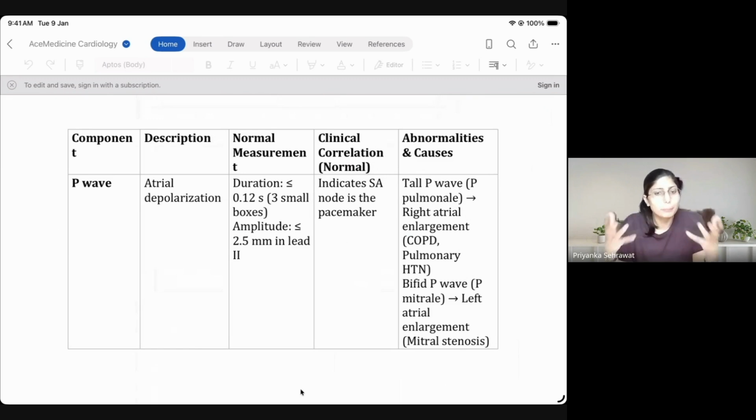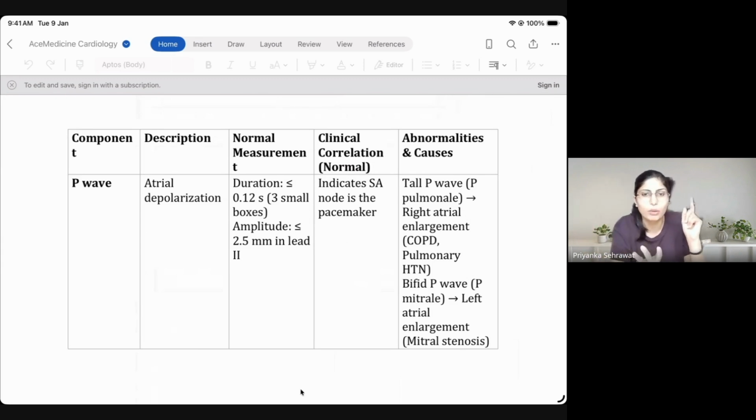What is normal P wave? P wave depicts our atrial depolarization, right? Normal measurements, duration less than or equal to 0.12 second, 3 small boxes. We know that one small square is 0.04 second. 3 small squares will be 0.04 into 3, 0.12 seconds.